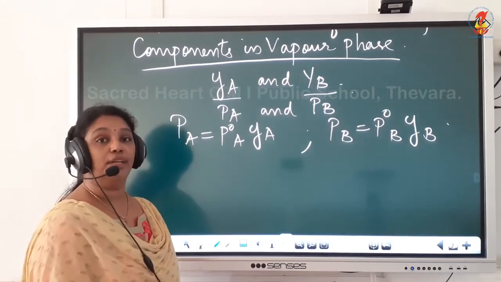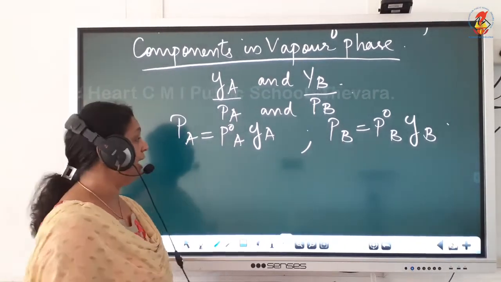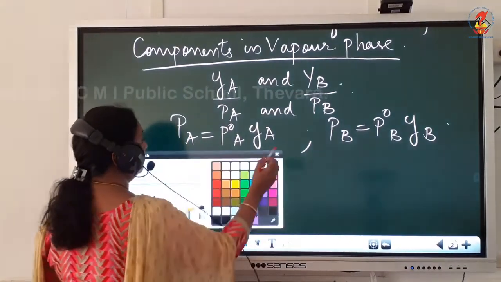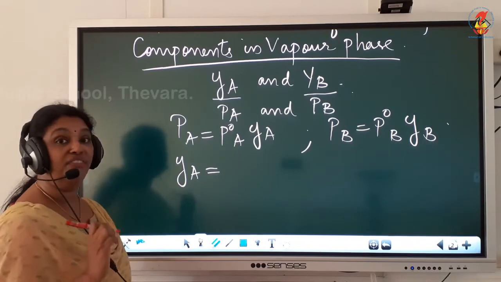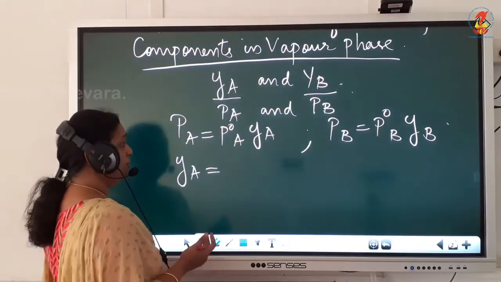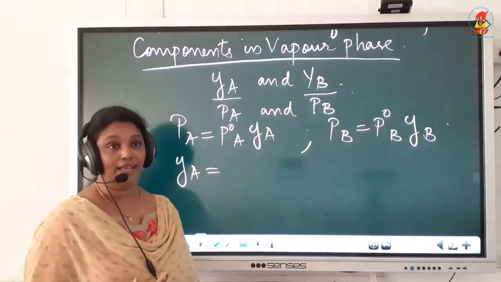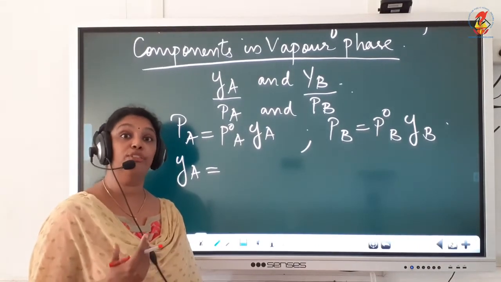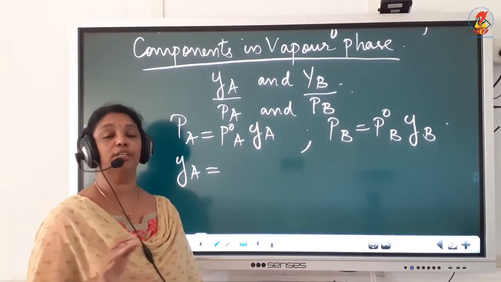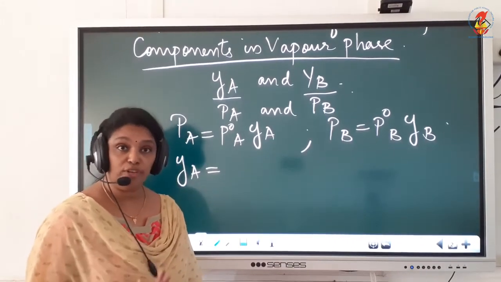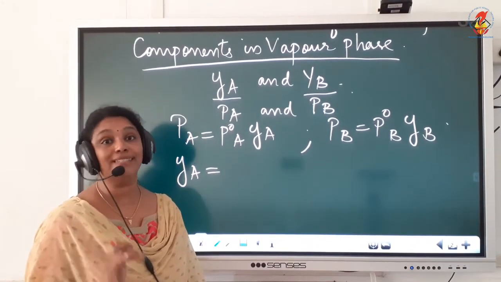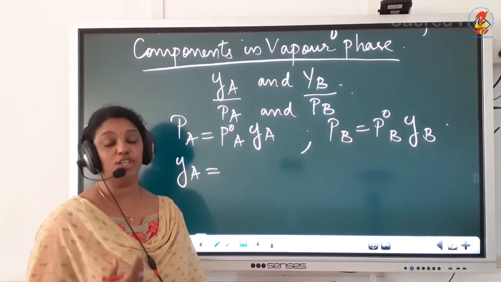Now, substituting for YA, the mole fraction of solvent in vapor state: when you write the expression for XA, we write it as NA, the number of moles of solvent, by the total number of moles of all the components. Here we cannot consider number of moles because it is in vapor state, so we have to consider the partial pressure.